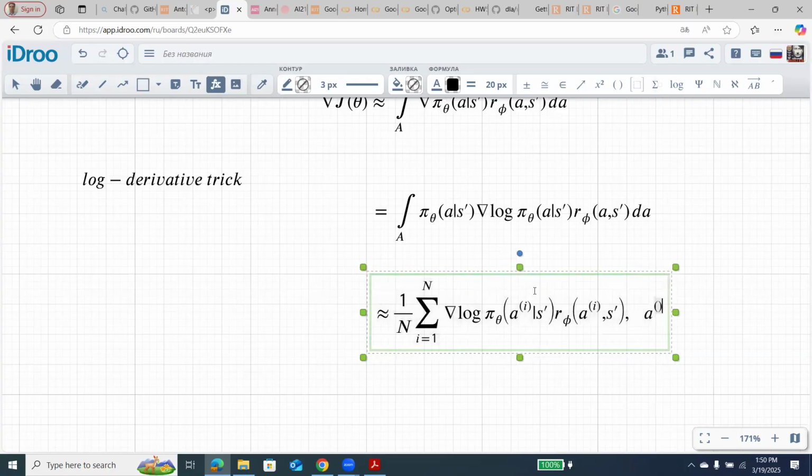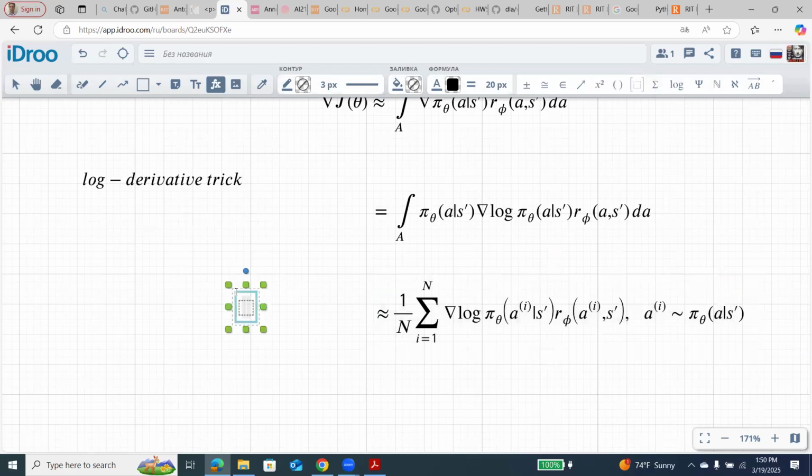Where these continuations are sampled from our model. So now we have theta in our loss function. Okay, and this will be our second formula. And this will be our algorithm to update the weights of our model.